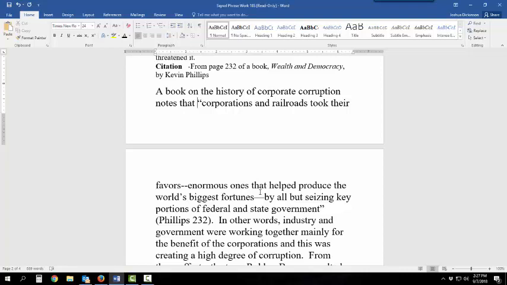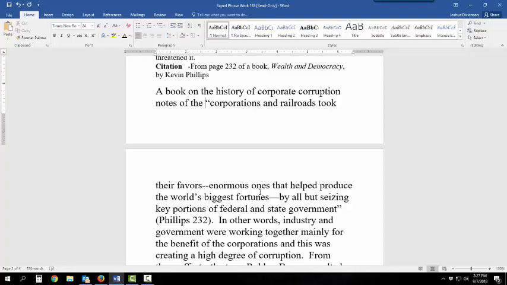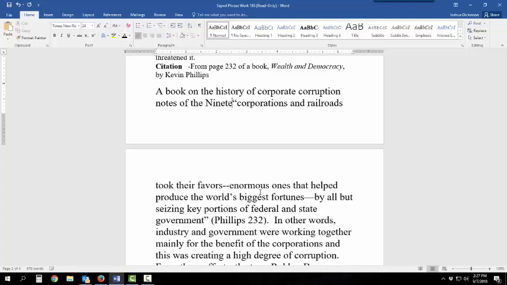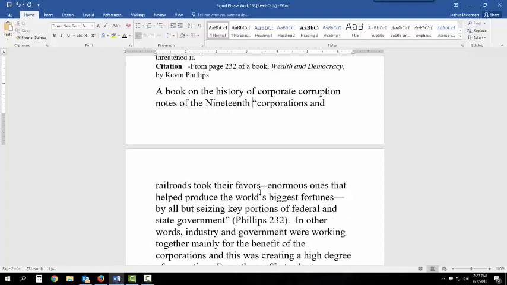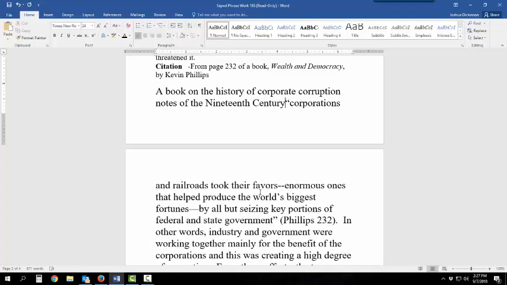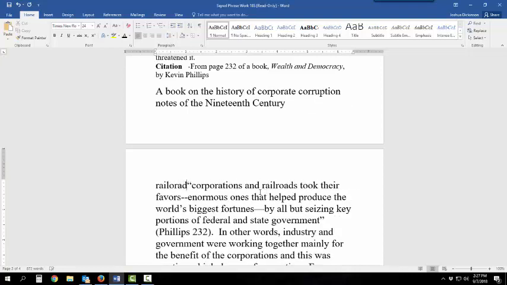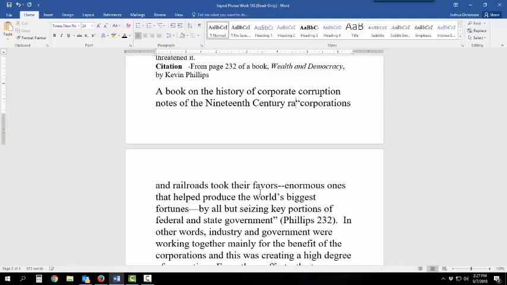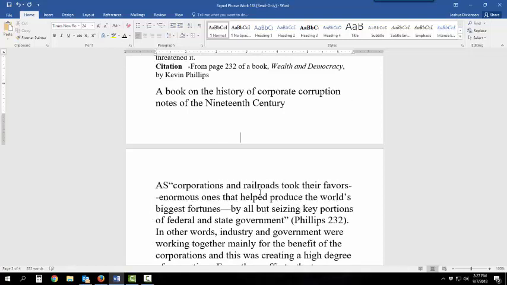So a book on the history of corporate corruption, notes of the 19th century railroads, 19th century business, American business.